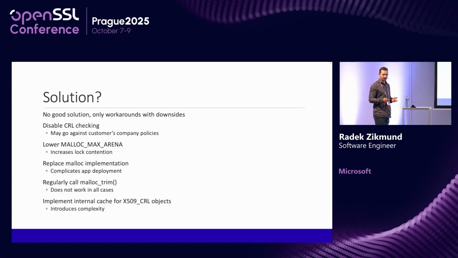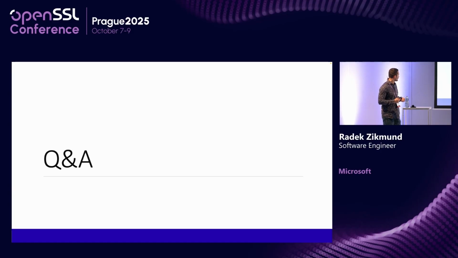But that introduces complexity. Like every time you introduce cache to a system, there are many problems that you need to think about and lots of testing to be done. So that's also something we have been avoiding for as much as possible, but eventually we will probably need to do that. And I believe that's all I had in my presentation.